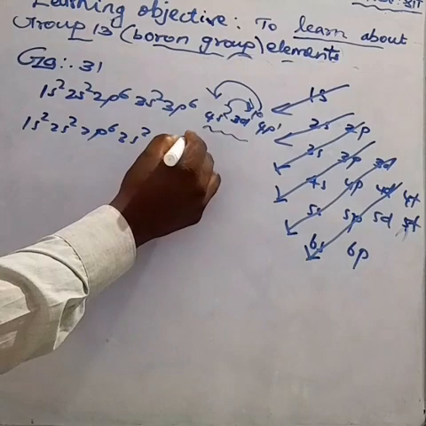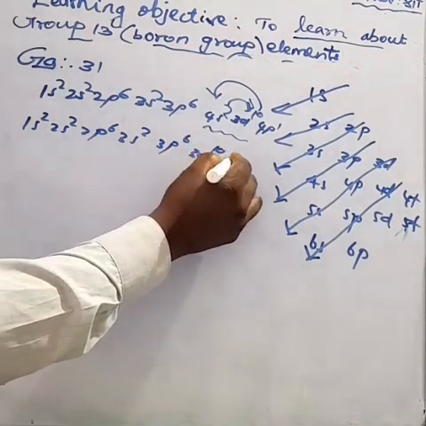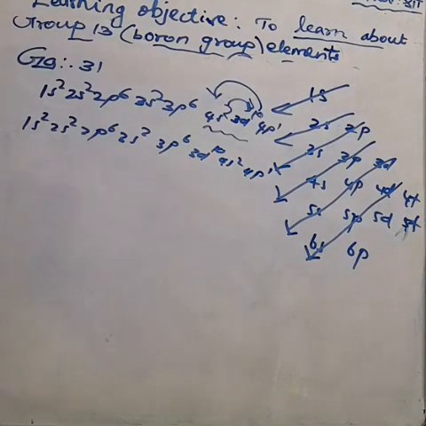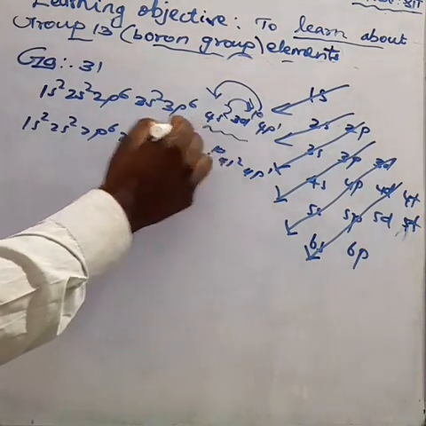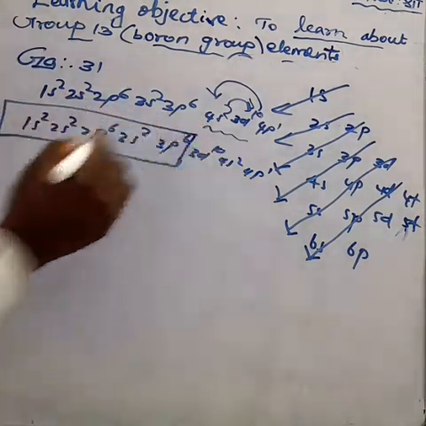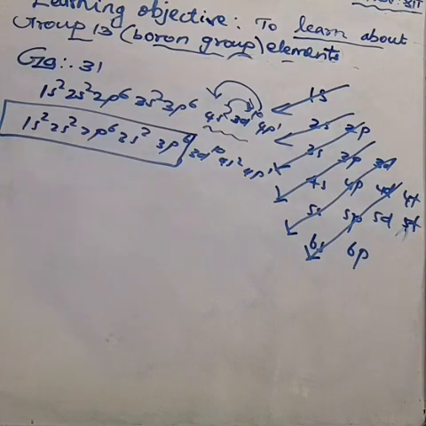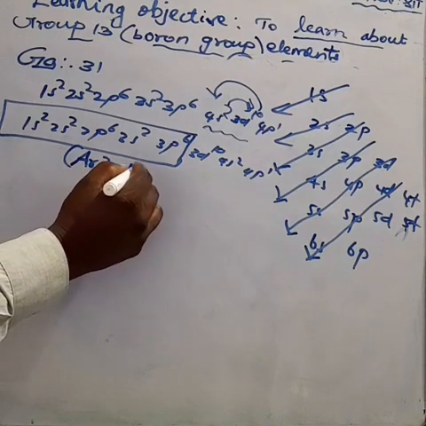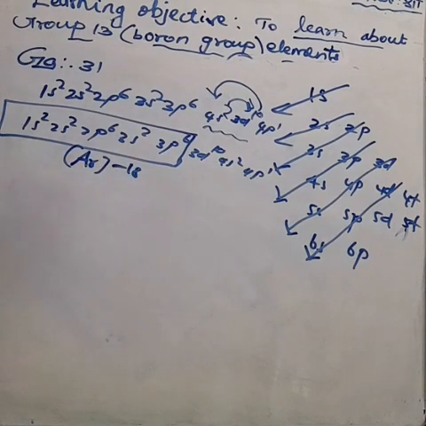Yes or no? Okay. Here we can use the nearest noble gas. For gallium, it is argon. Am I right? What is the atomic number of argon? 18. How can you write the electronic configuration of argon?